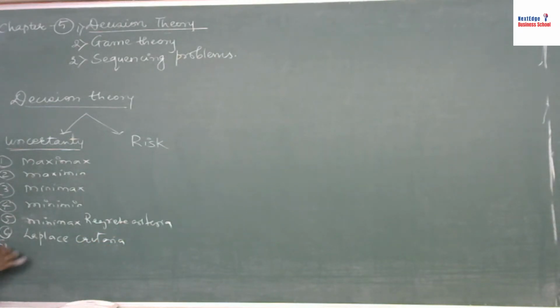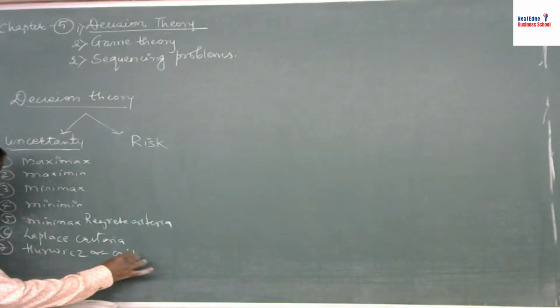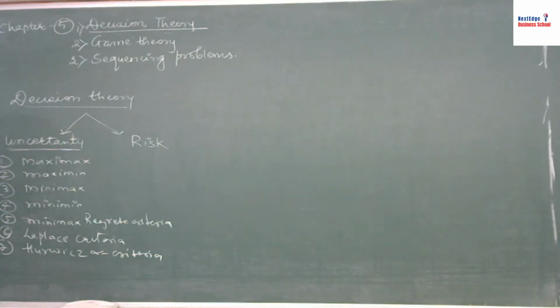And number 7 is your Hurwicz alpha criteria, right? So sometimes in our examination they won't be asking about minimin.